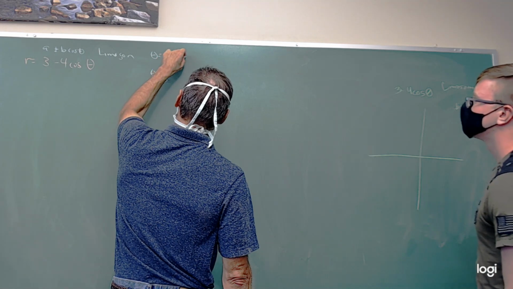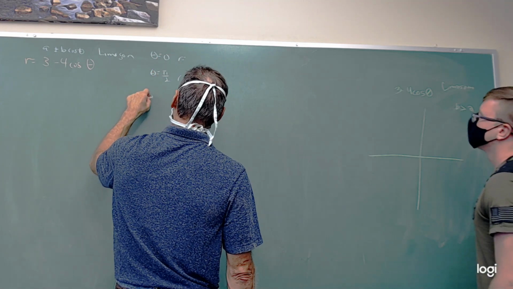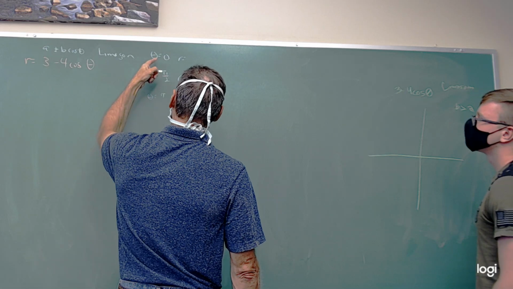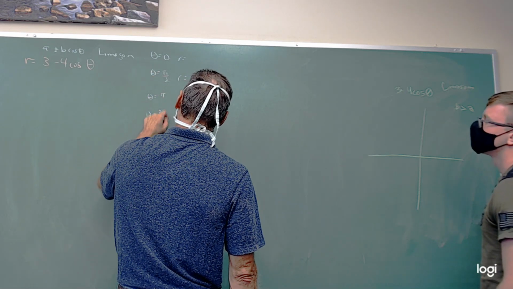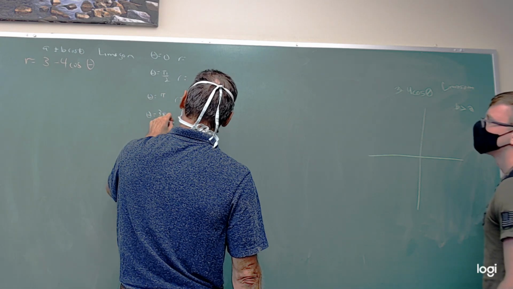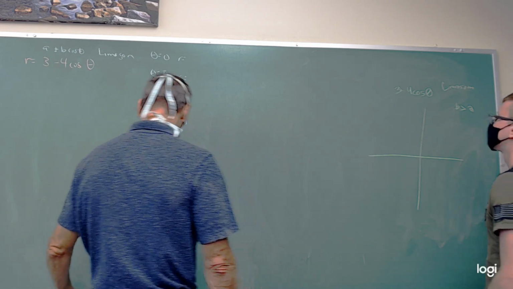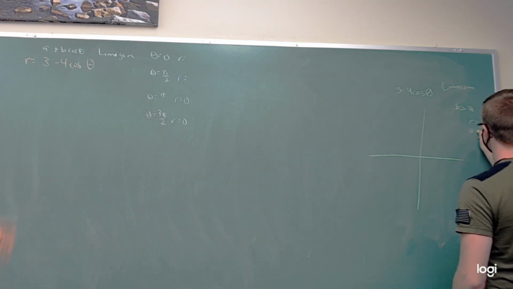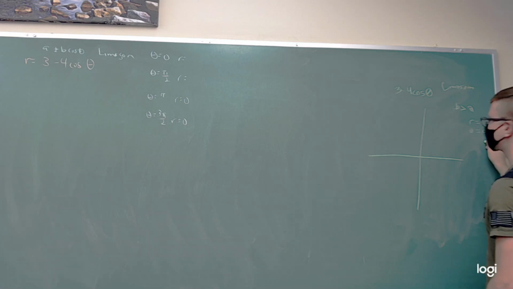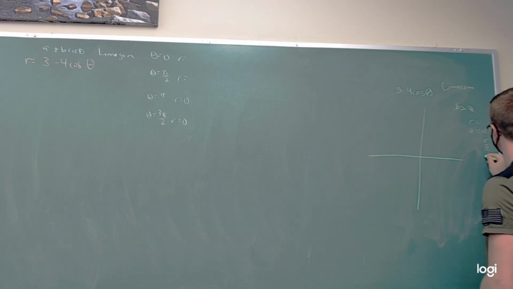So we find what r is when theta is 0, pi over 2, pi, and 3 pi over 2. Then from there, we think like Doppler radar and sweep from one of those x or y intercepts to the next.